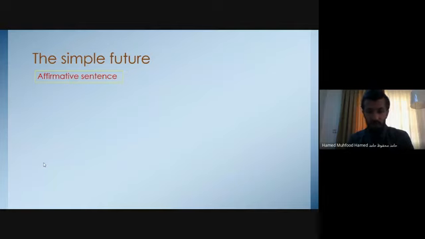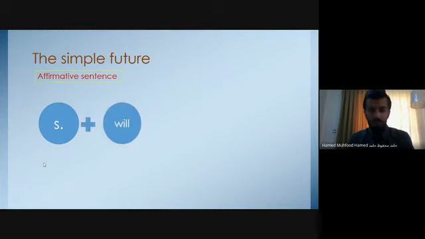Of course, as we always said, an affirmative sentence always starts with a subject. So as we did with the present tense and the past tense, we should start the affirmative sentence with a subject, and the subject should be followed by the auxiliary verb will. This is something different. This is a new auxiliary verb. We should use it in the simple future tense.